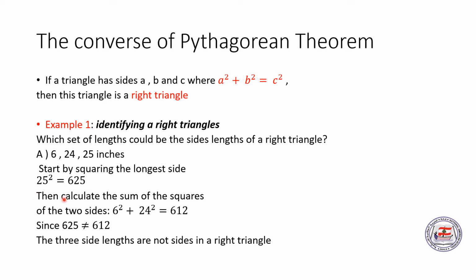Then we need to calculate the sum of the squares of the two remaining sides. So we get 6 squared plus 24 squared is equal to 612. Since the two amounts are not equal, then the three sides are not the sides of a right triangle.